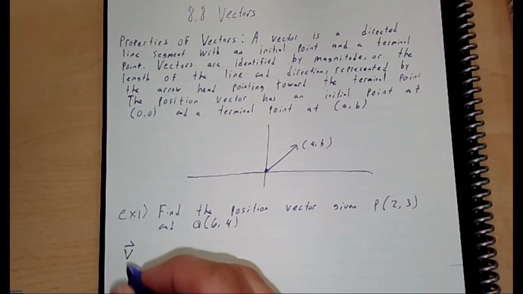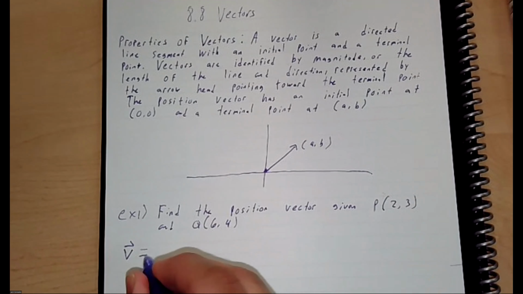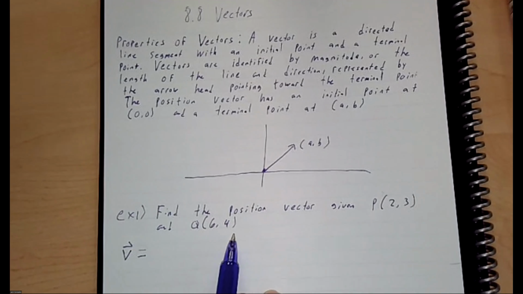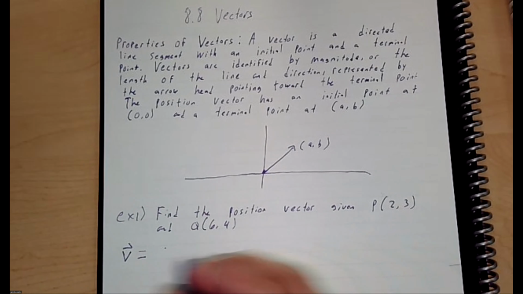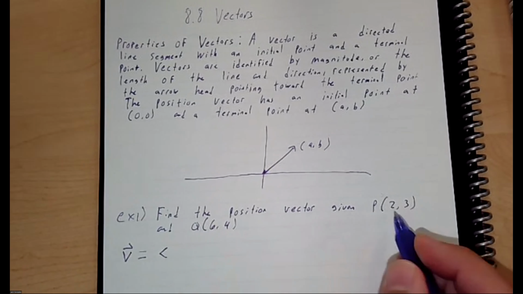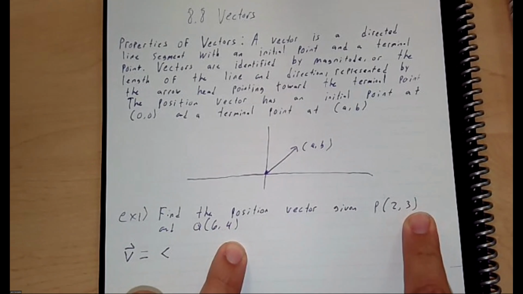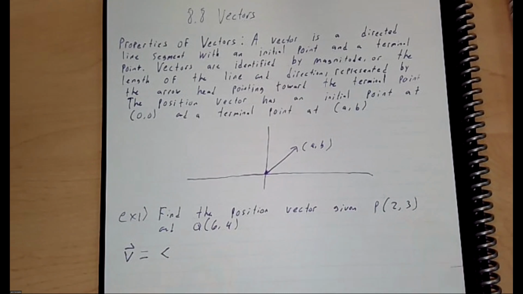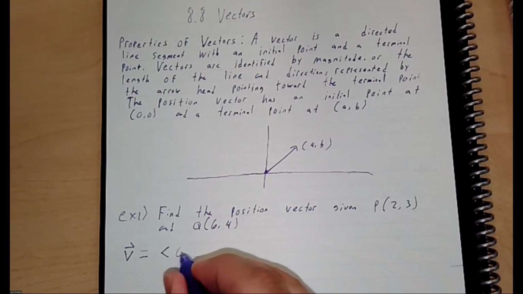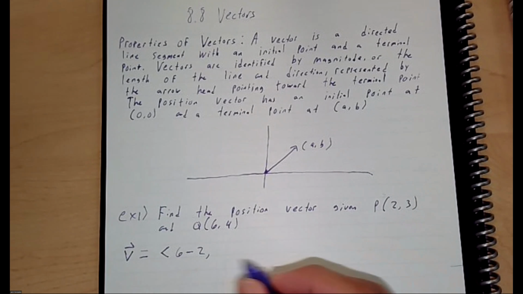In order to find it, you take the final point minus the initial point. All you have to do is subtract the components, kind of like x2 minus x1 and y2 minus y1. So same thing: final point minus the initial.